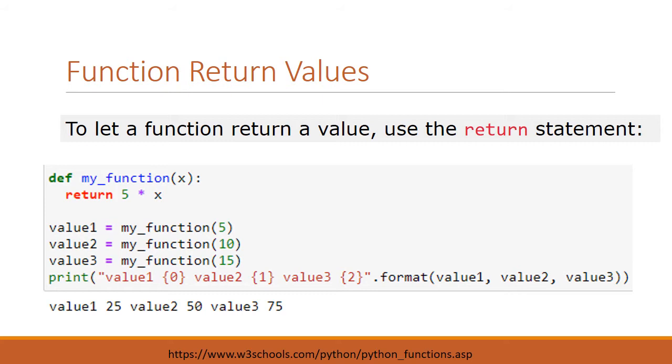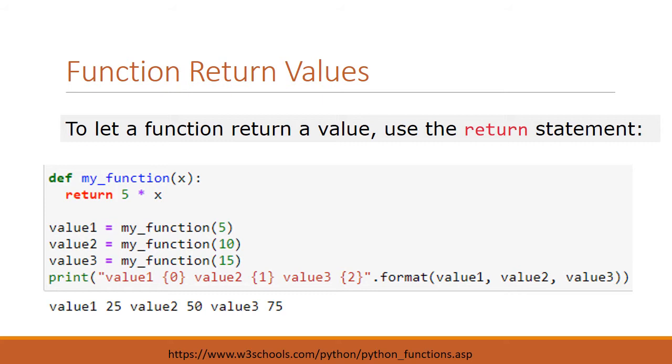So the first time we call it, we call it with the argument 5. So 5 is assigned to the parameter x. Our function then will return 5 times 5. That return value is assigned to the variable value 1. We call our function again. This time we pass in the argument 10. 10 is assigned to the parameter x.